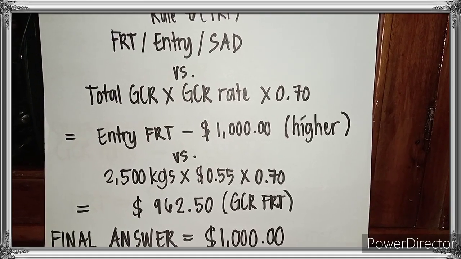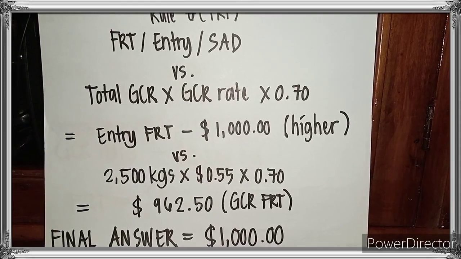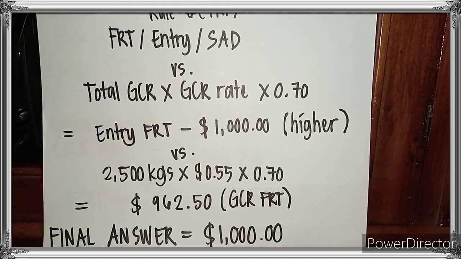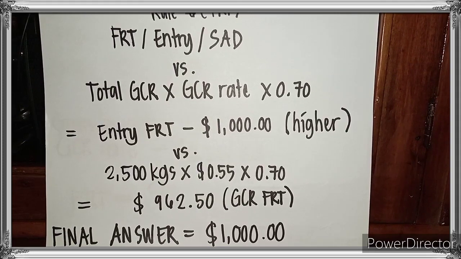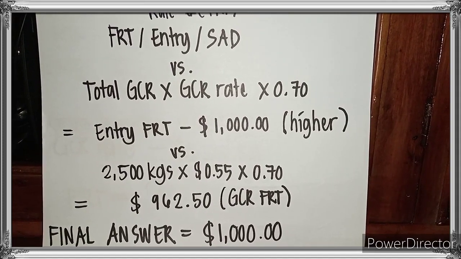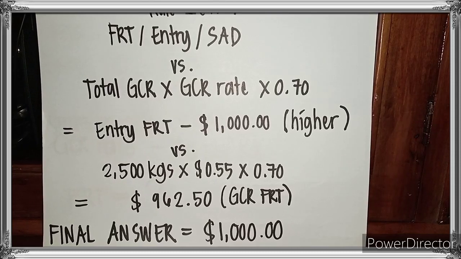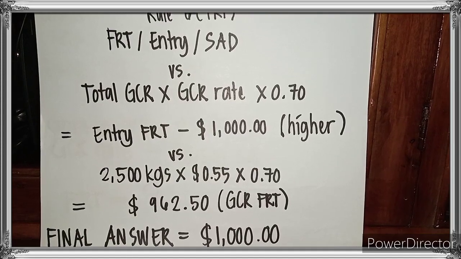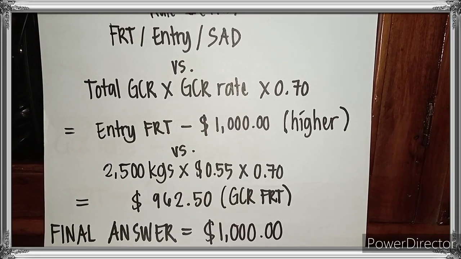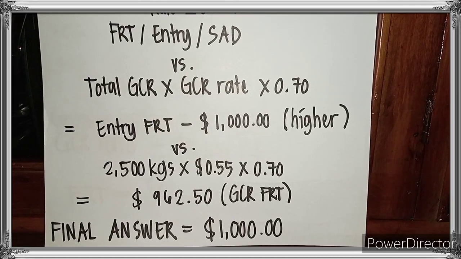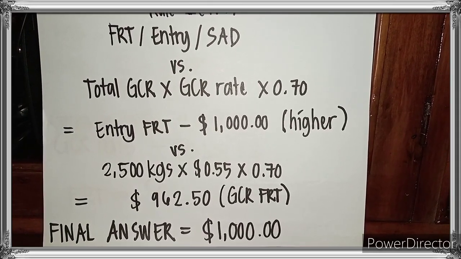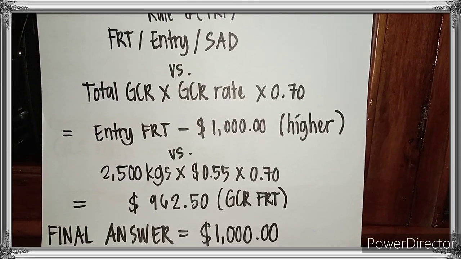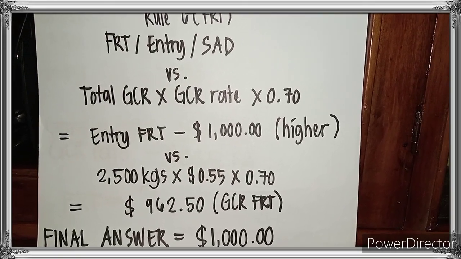The entry freight is equal to $1,000 versus 2,500 kilograms times $0.55 times 0.70, which is equal to $962.50, our gross conference freight. So we now identify whichever is higher between 1,000 and 962.50. Of course, the higher one is the $1,000, which is our final answer.